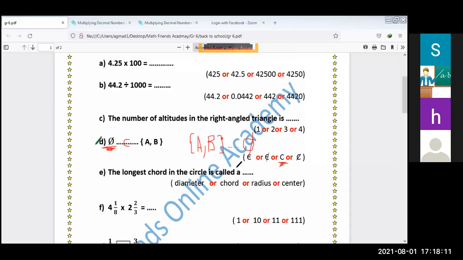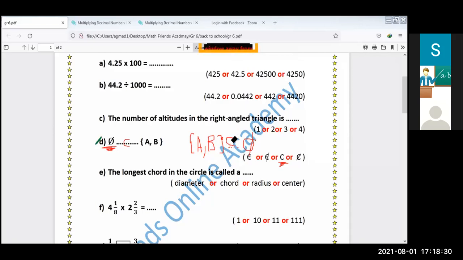Why, teacher? Does it mean this is also a subset? No, of course not. Phi is a subset of any set, but we can't take the set as a subset of phi.